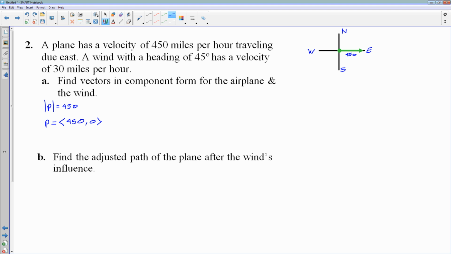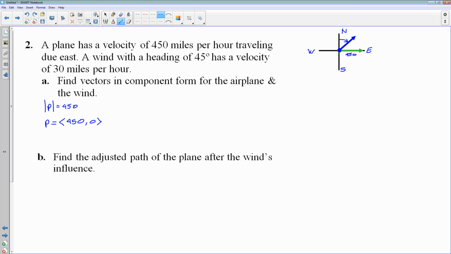The wind, however, is a lot tougher because my wind is not going straight left or right or up or down. It's going at an angle, and that makes the wind a little bit trickier. My wind is going at a bearing or a heading of 45 degrees, which means the wind is coming off the north 45 degrees this way. That's where my wind is. So let me draw my wind vector.